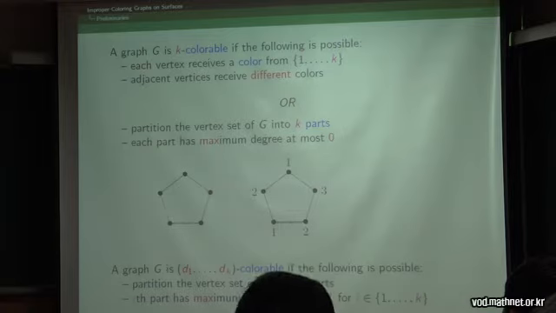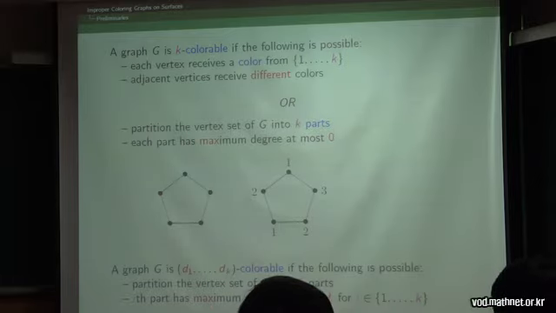First, you partition the vertex set into the same k parts as in your classical k-coloring. But now, instead of requiring each part to have maximum degree at most 0, you're going to allow some defects, or some edges that are monochromatic.